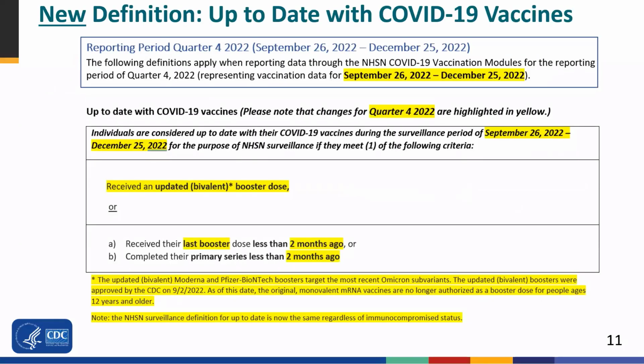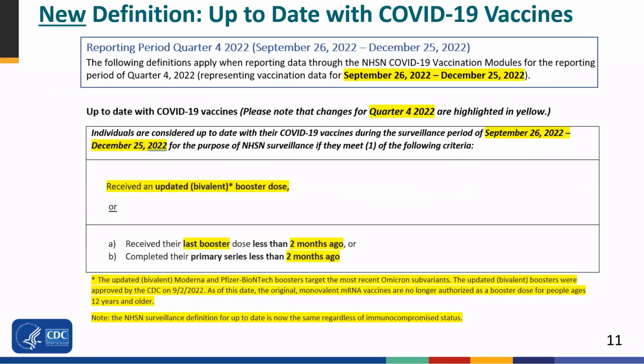This slide shows the new definition of up-to-date COVID-19 vaccination that should be applied for weeks beginning Monday, September 26, 2022. The items in yellow are updates compared to the previous up-to-date definition.